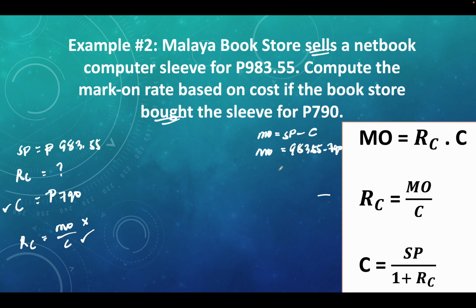So we have 983.55 minus 790, that is equivalent to, our mark on now is equal to 193.55. Okay?